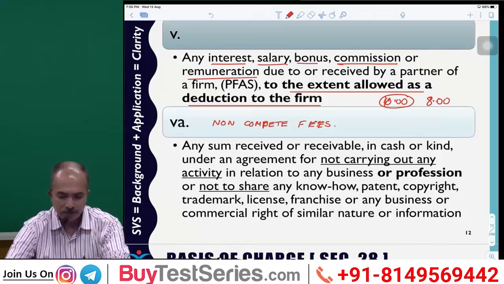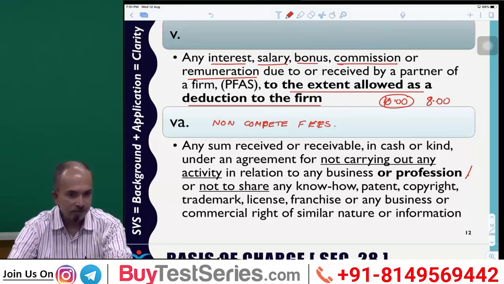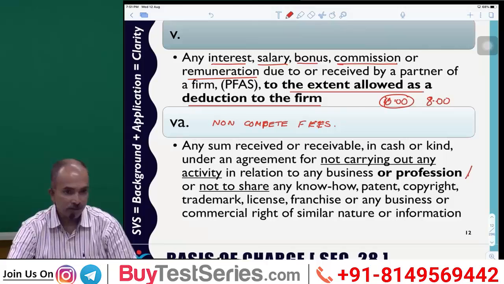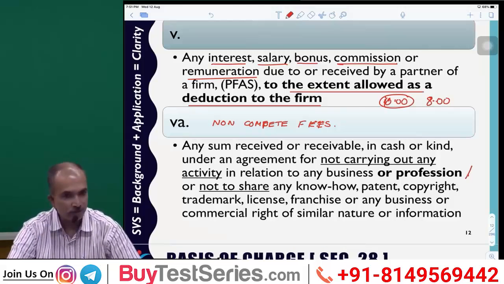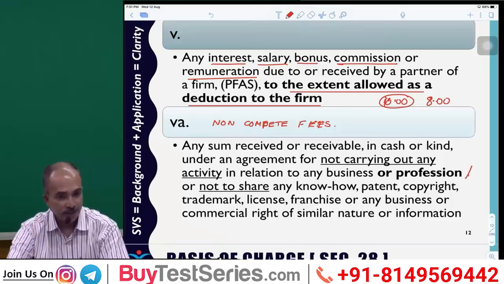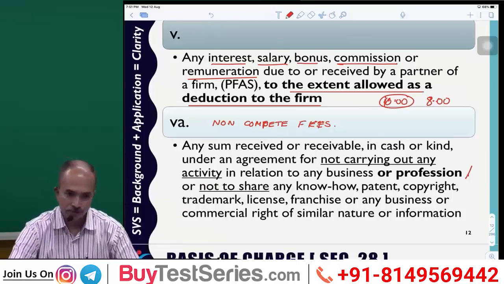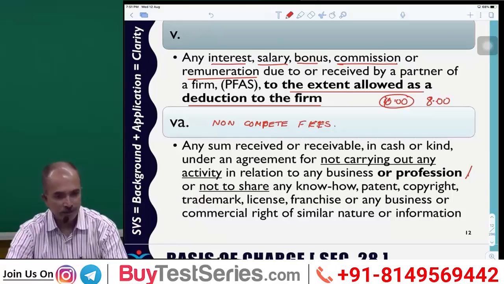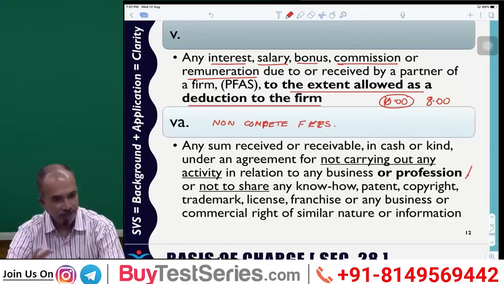Any sum agreed, received or receivable in cash or kind under an agreement for not carrying out any activity in relation to any business or profession. Stop here. Both examples we have seen earlier. Contractor का example, फिर वो doctor का example पढ़ा था, right? Both we have discussed non-compete fees, capital or revenue. It was capital, but it is taxable under business profession. Supreme Court of India held this is a capital receipt. It is not chargeable under capital gain and cannot be taxed anywhere. So to overrule Supreme Court, they brought in 28.5a.